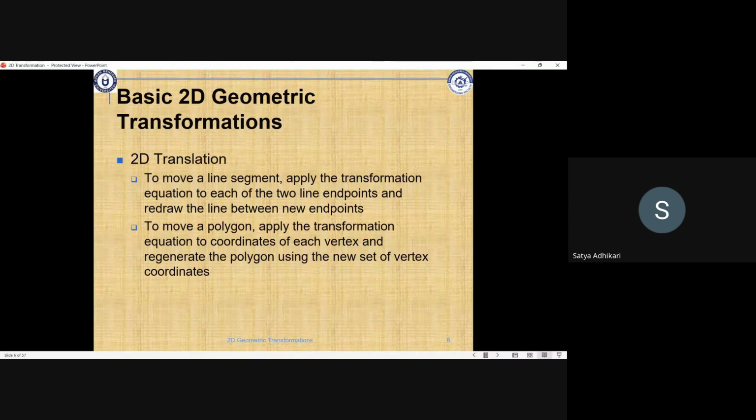You need not apply the transformation to each and every point of a polygon. You have to only apply the transformation to the vertices. In a hexagon, you have to apply the transformation equation only to these 6 points. Then draw the polygon using the new set of vertex coordinates.